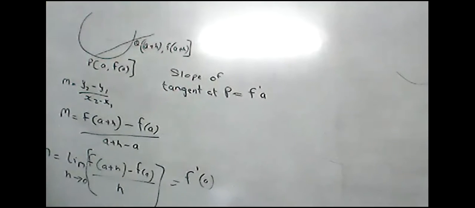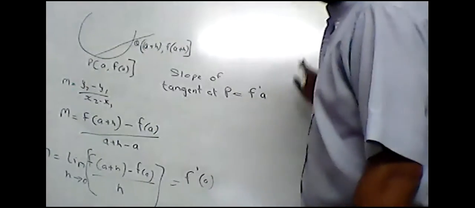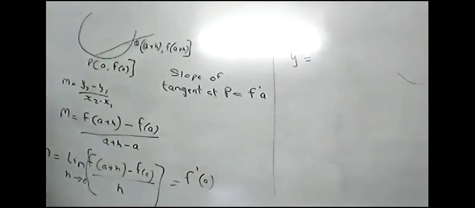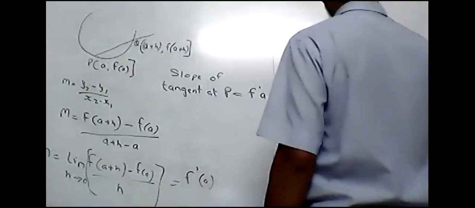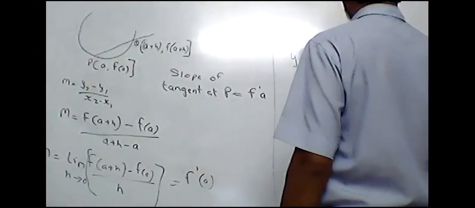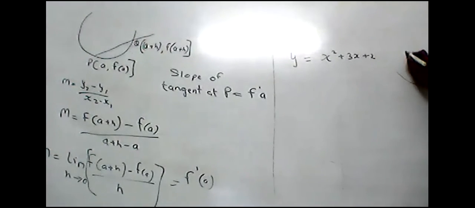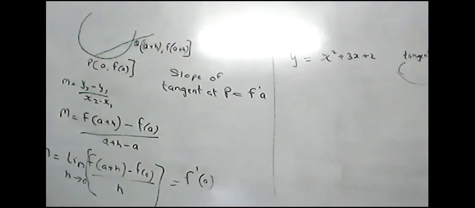Now let's see an example. You have y is equal to x square plus 3x plus 2, and this is the tangent at 2, 3.